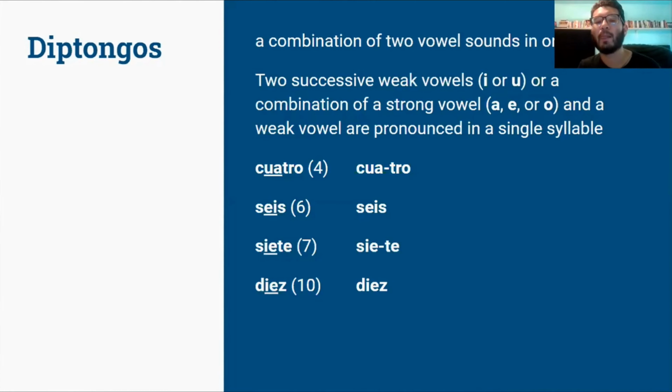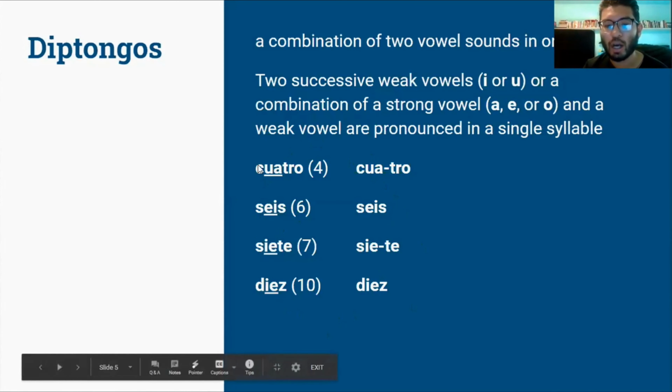Know that at times with certain combinations of vowels, the pronunciation will be such that two vowels can combine into one syllable. That's not always the case, but in this particular context, it is.